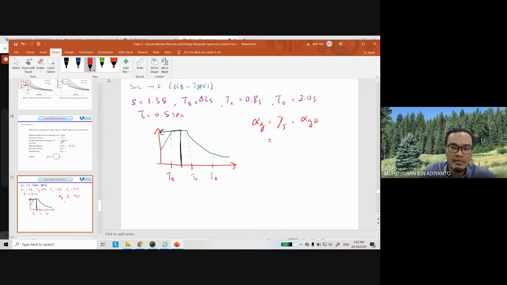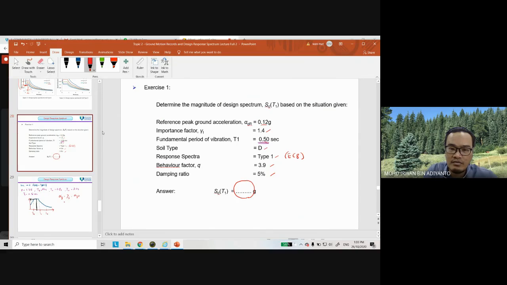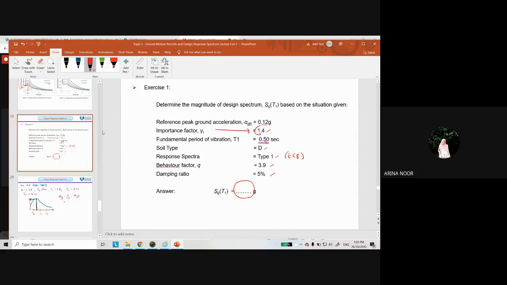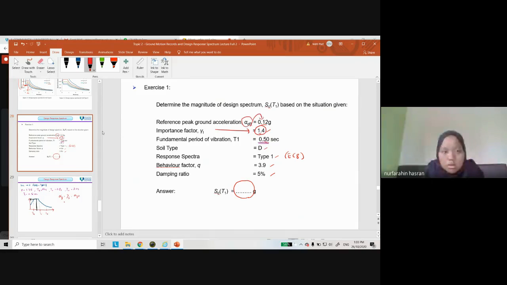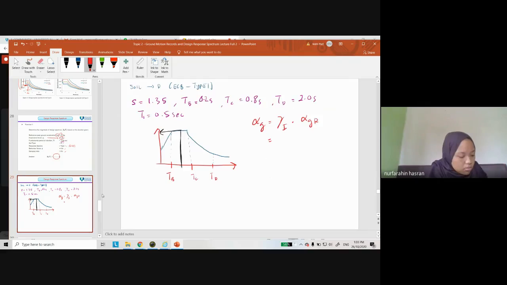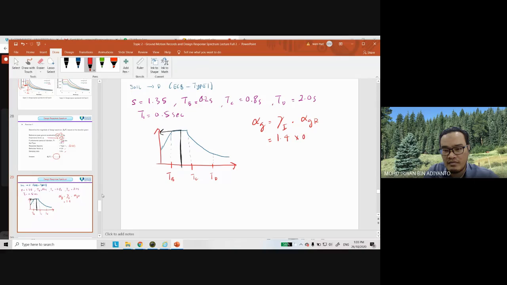Berapa value gamma I? Given here as 1.4. Good, 1.4. Alpha GR is equal to 0.12. 1.4 times 0.12.